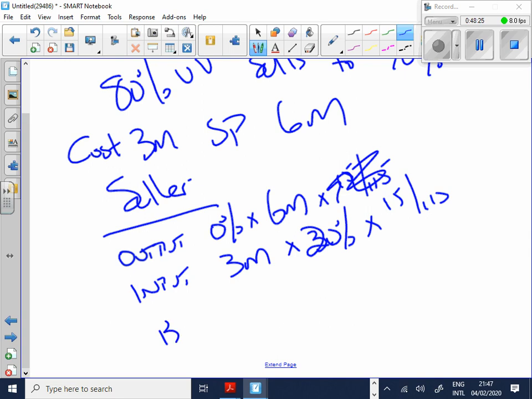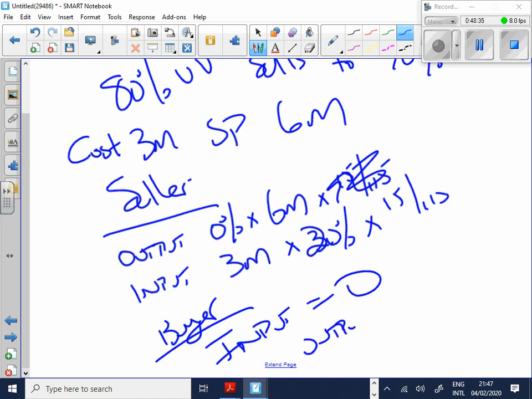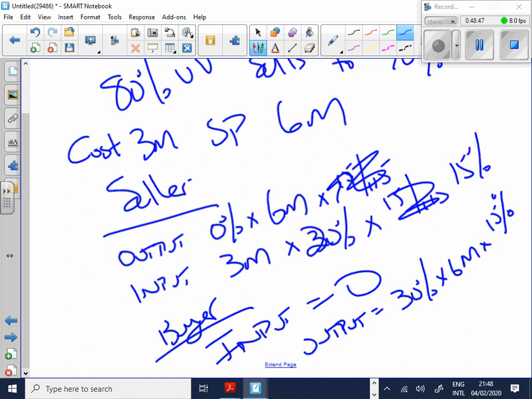Buyer. Input, 0. And you must say that there's an input claim of 0. And how much is the output claim? 30% times 6 million times. Sorry, it's 15%, sorry. Sorry, it's 0 rated the sale. So, oh no, this one's times 15 over 115.